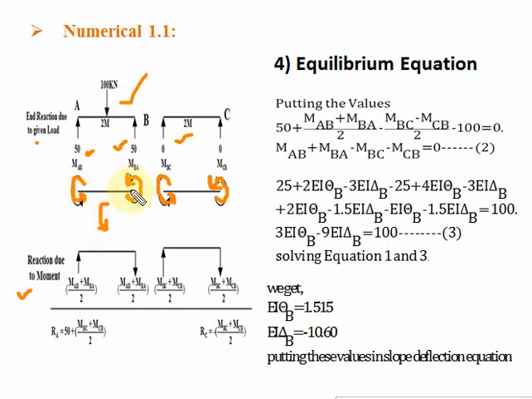The reaction should balance it by creating a clockwise moment. So if this reaction is up, the far end reaction should be downward, so we get a clockwise couple that balances the moment due to the end moments.